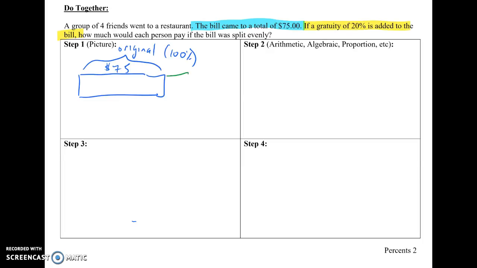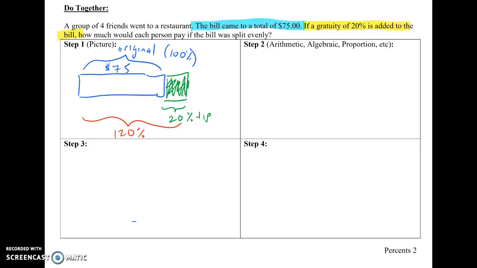So here's what that would look like. We're adding 20%. This is our tip or gratuity. And in conclusion, this whole thing is 120%.